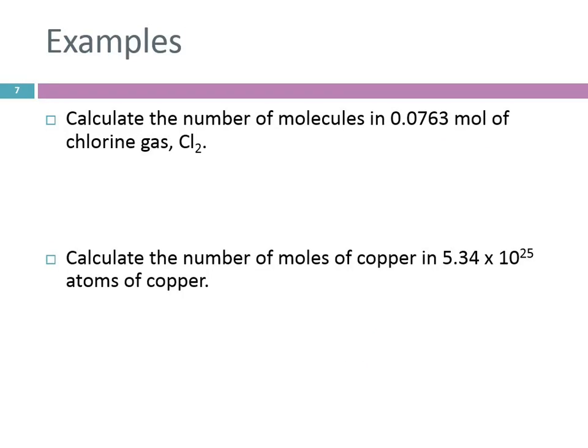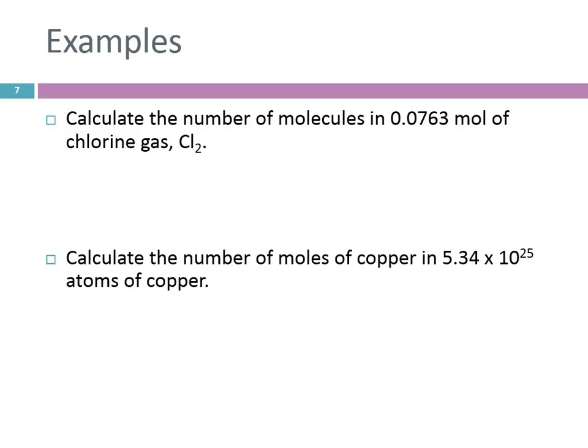But let's calculate the number of molecules in, there's the abbreviation, 0.0763 moles, MOL, of chlorine gas. We've learned that chlorine gas is a diatomic element, and so the individual particles are molecules and not individual atoms. So we're going to use dimensional analysis again when we do this sort of thing.